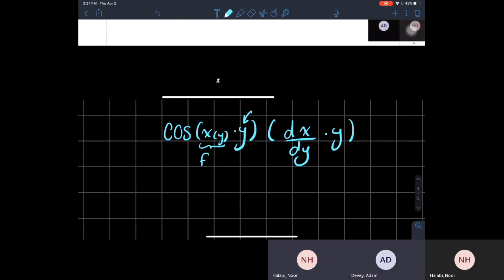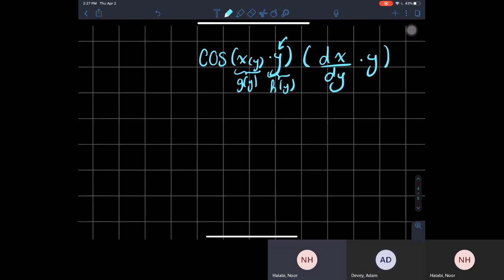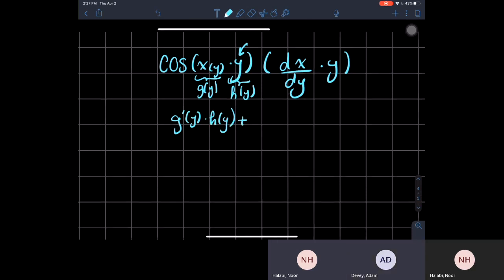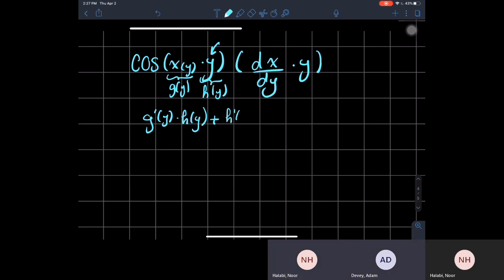This is like f of x, or actually g of x, you call it g of x, h of x. This is g of x, and this is h of y in this case, g of y and h of y. Okay, so when you're doing the derivative, it's gonna be g prime of y times h of y, because this is the product rule, right? Plus h prime of y, g of y.